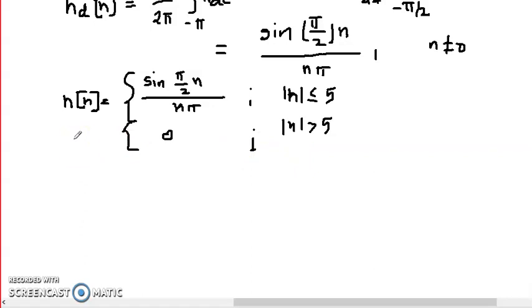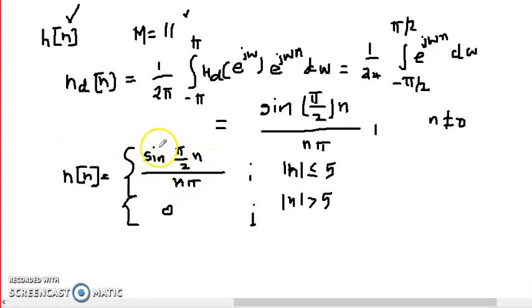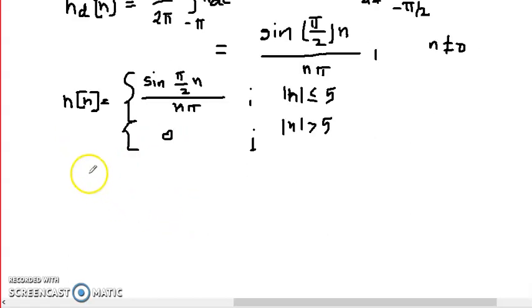Since the filter coefficients are symmetrical, h(n) is the same as h(-n). So it is symmetrical about 0 because of this function. Hence, we need to find only 5 different values.